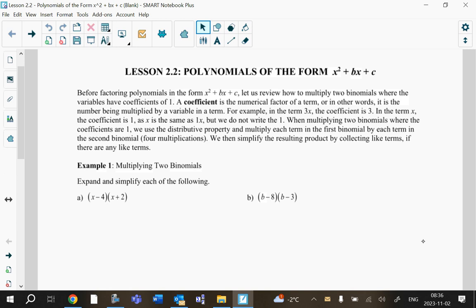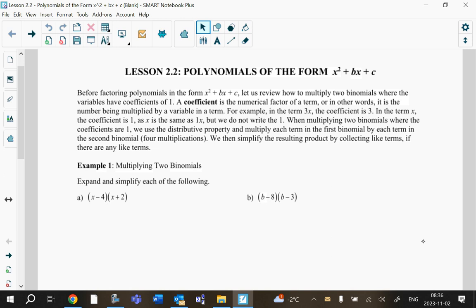Okay? It helps if you name them. So the first type we learned was GCF factoring. This type that we're going to learn is called x squared, because that's what the answer begins with that we're factoring, trinomial, because there's 3 terms. So we're going to call it x squared trinomial factoring.